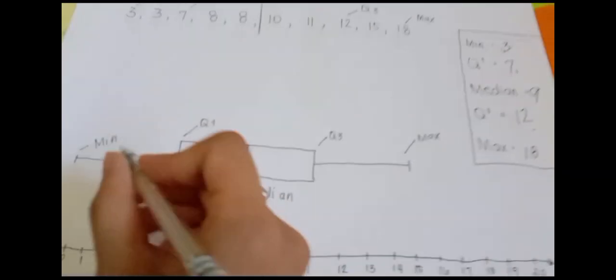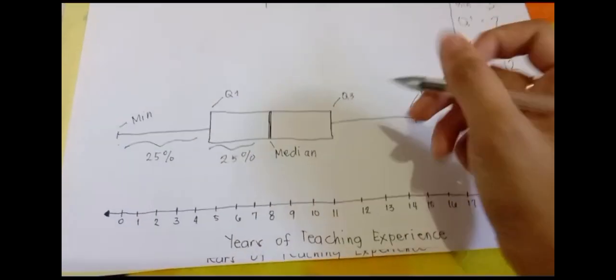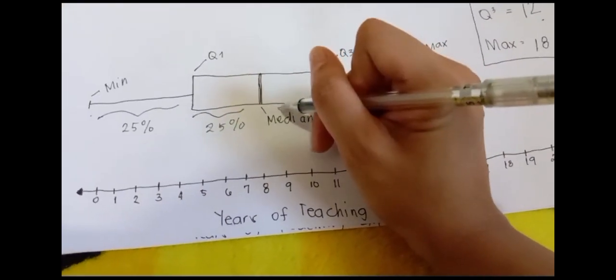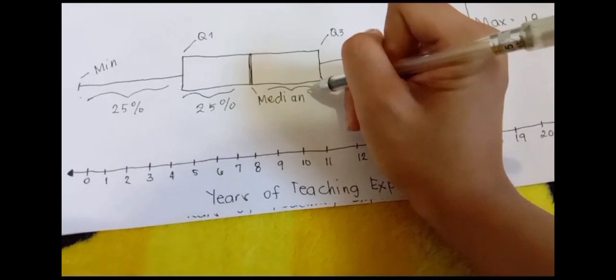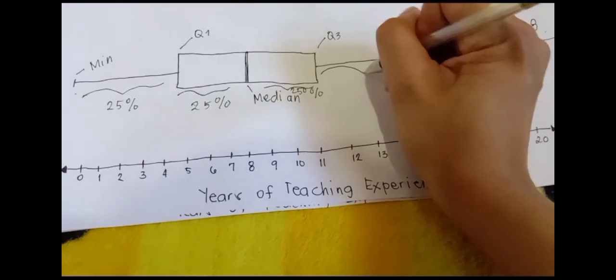We have about 25%, 25%, and then we have the 25% right here, and then 25% right here, and 25% right here.